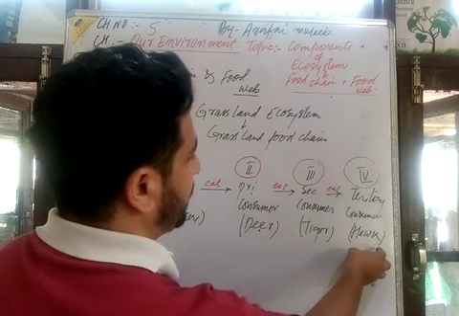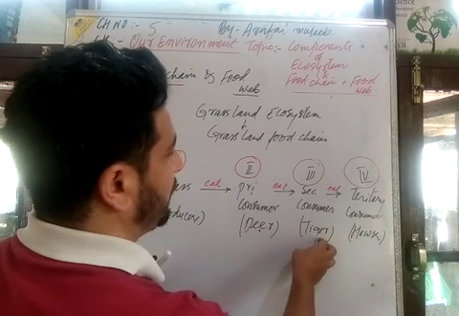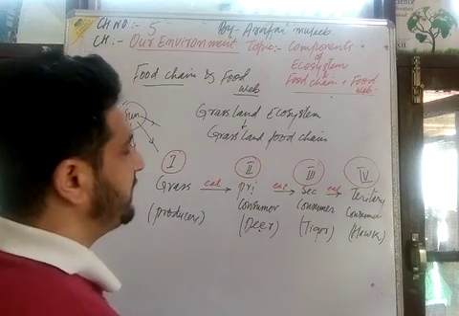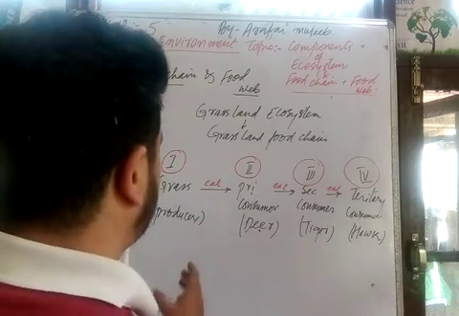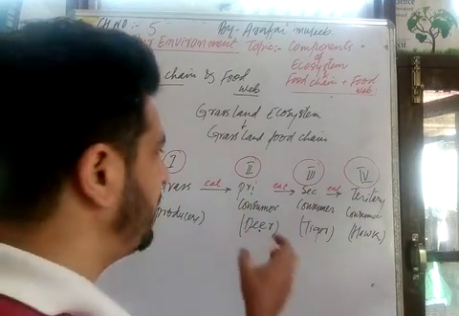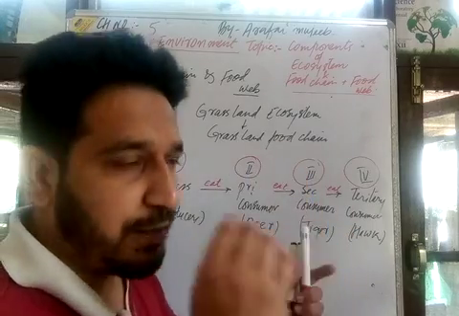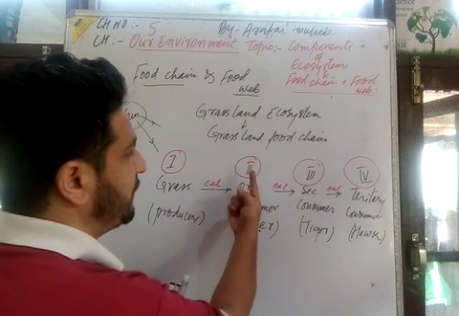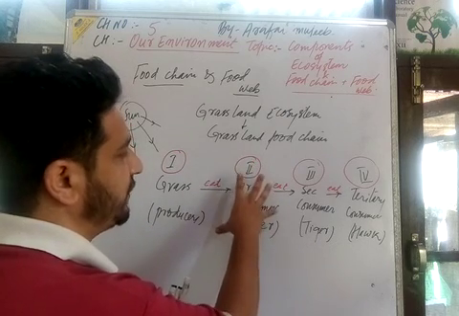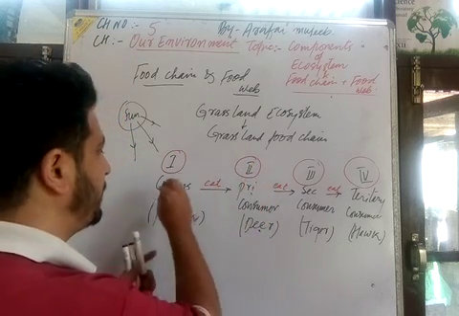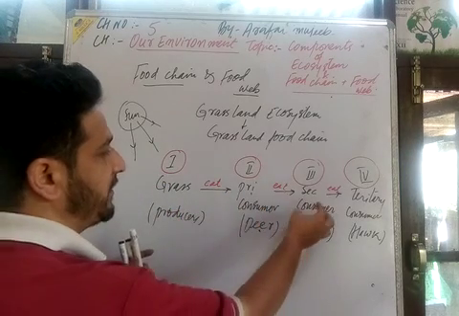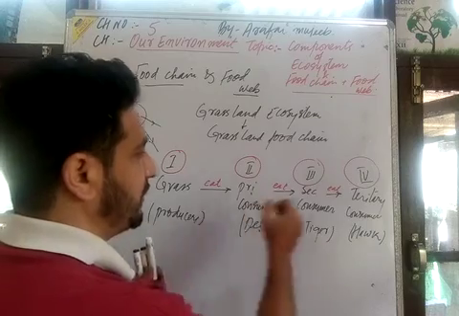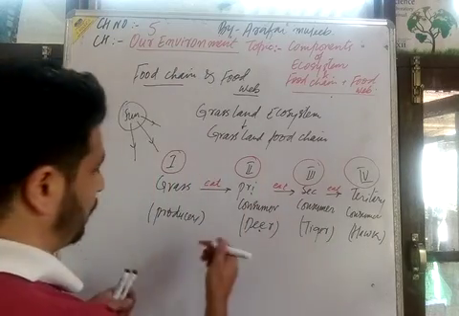Then tertiary organisms feed upon these organisms and obtain the energy. At each trophic level there could be one organism or a group of organisms, which feeds on the grass population. Secondary consumers feed on the primary consumer population. In this way, energy flows.